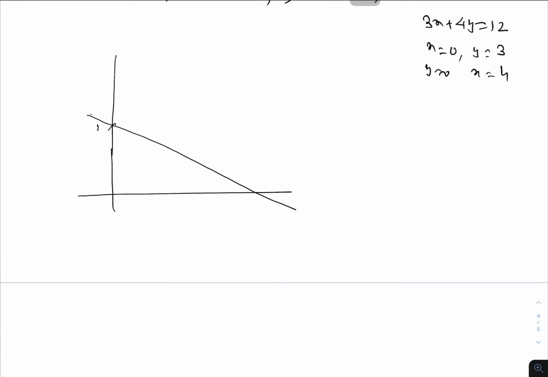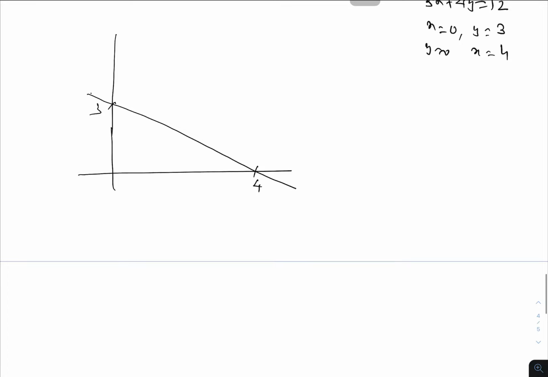So this is say 3, this is say 4, and x is equal to 1, somewhere here.